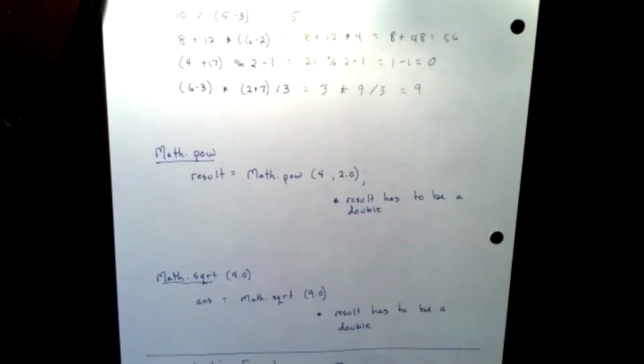Math pow. Now, still working with all of this math stuff to allow me to do computations in programs. We've now expanded our ability, and we want to be able to do powers. One of the problems is it's not the caret, which would have been kind of neat, but because of ints and doubles and decimals, powers just aren't going to work with the caret.